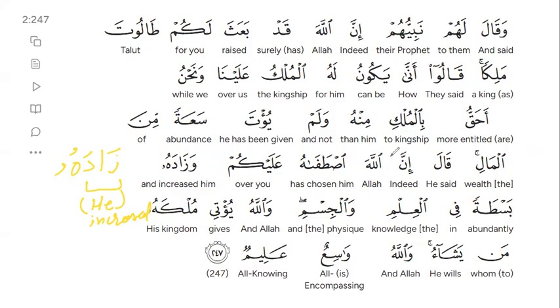But in this ayah, subject is explicitly mentioned, right? So now, because it got mentioned in the beginning, indeed Allah has chosen him, wazadahu, and then we will repeat this he as a pronoun, and he increased. And what is the meaning of him coming from? The hu at the end. And he increased him, and that is our attached pronoun. Wazadahu, and he increased him.